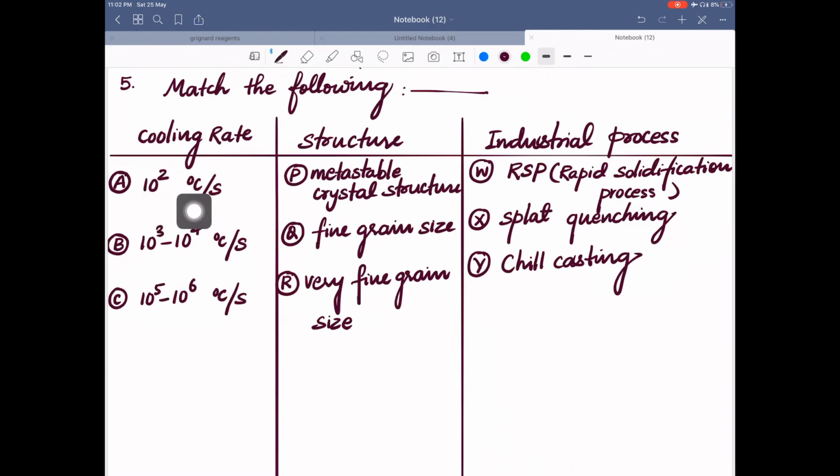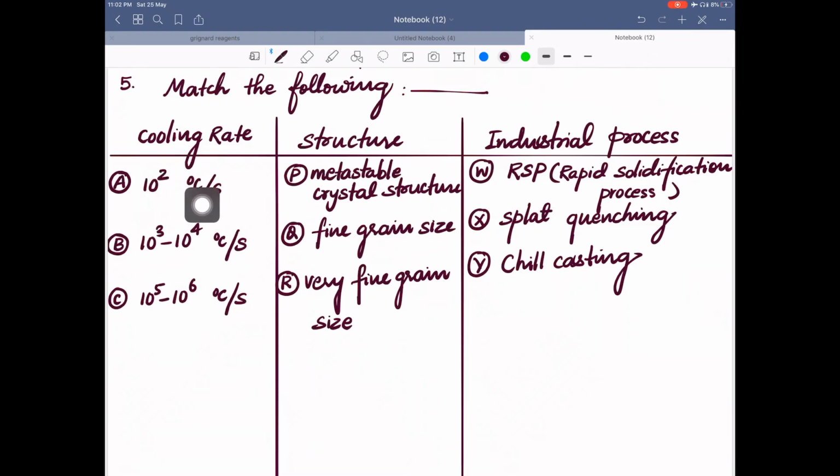So if the iron is at, suppose, 700 degrees centigrade, within 1 second you are bringing it to 600, next second to 500, then 400, then 300, then 200. So it's not a very low cooling, it's a high cooling also, but not very high.